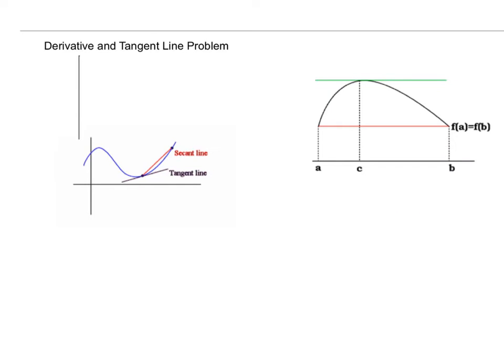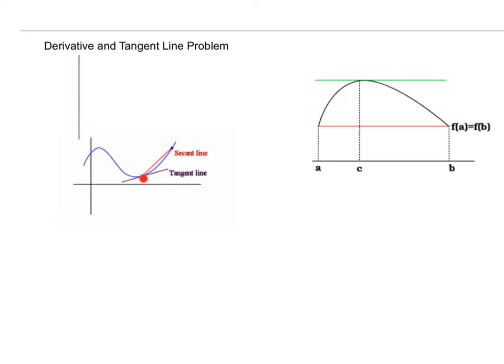I just want to do a quick review of the derivative and tangent line problem. Just reviewing very briefly, the tangent to a curve is going to intersect the curve in one point. So the slope of the tangent line is the slope of the tangent line to a curve at that particular x point.